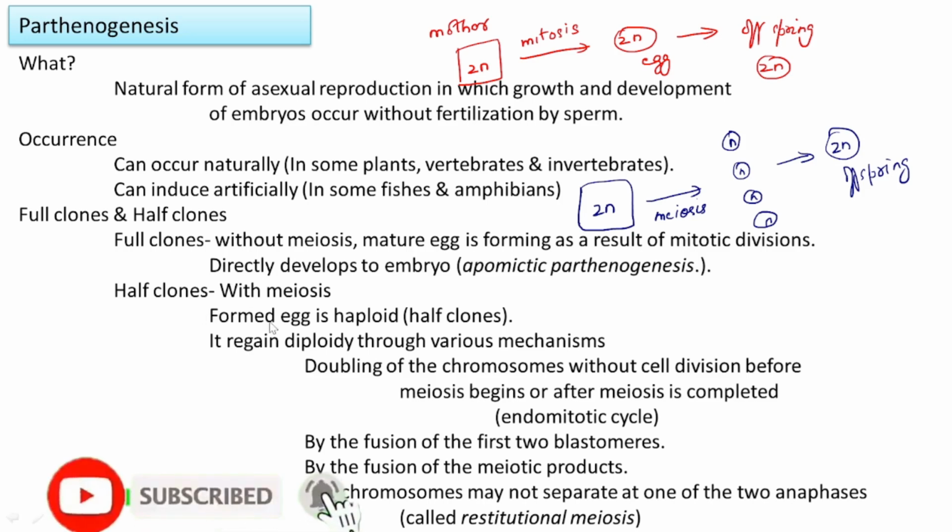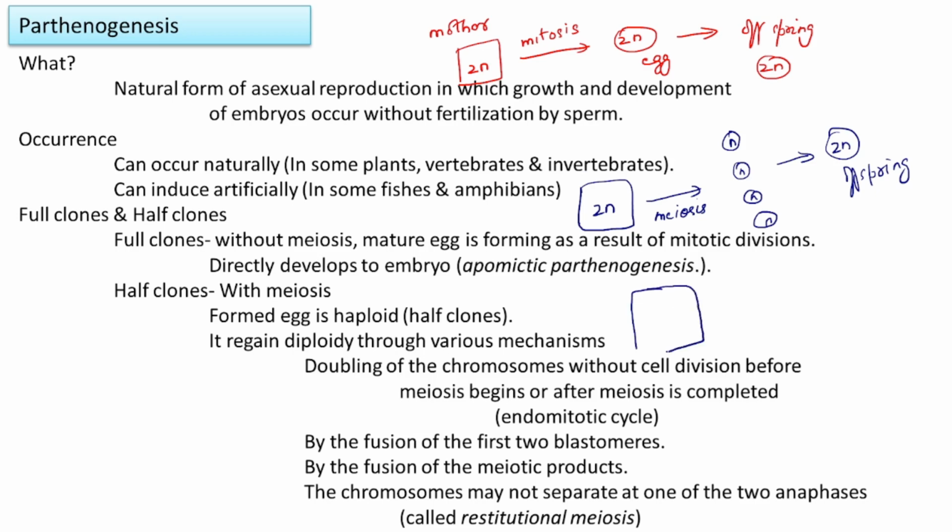Okay. Then I am going to explain what are the mechanisms that help to regain that diploid state. So many mechanisms are there. One by one we can see. One mechanism is through doubling of chromosomes without cell division before meiosis begins, or sometimes after meiosis. How can that occur?